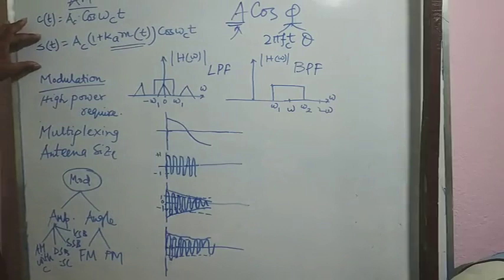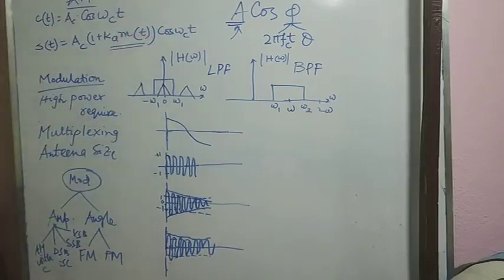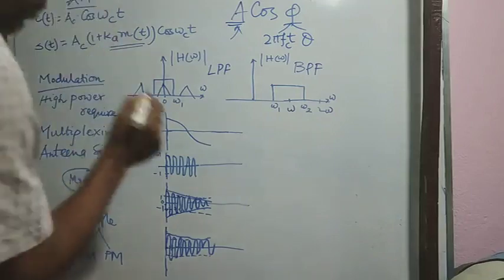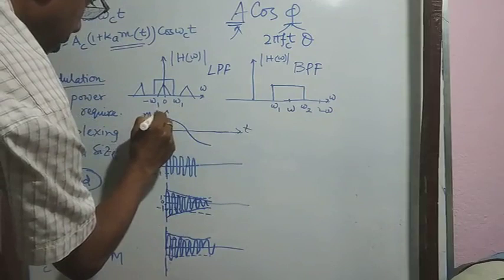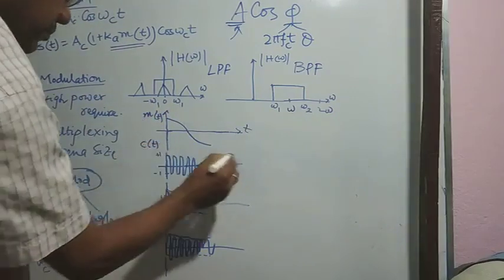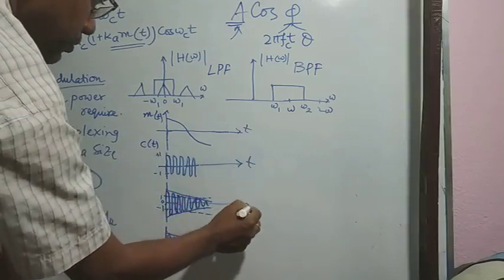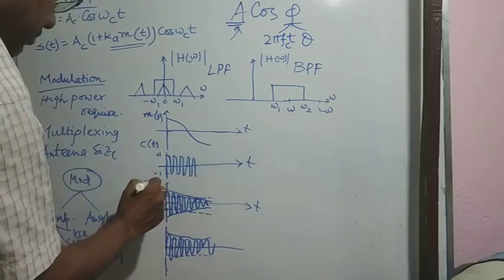So what we get in case of amplitude modulation, the modulated signal is s(t) = Ac (1 + ka m(t)) cos omega c t. Now, if we draw the basic waveform, say this is our message signal m(t), this is our carrier signal c(t), this is our modulated signal s(t).